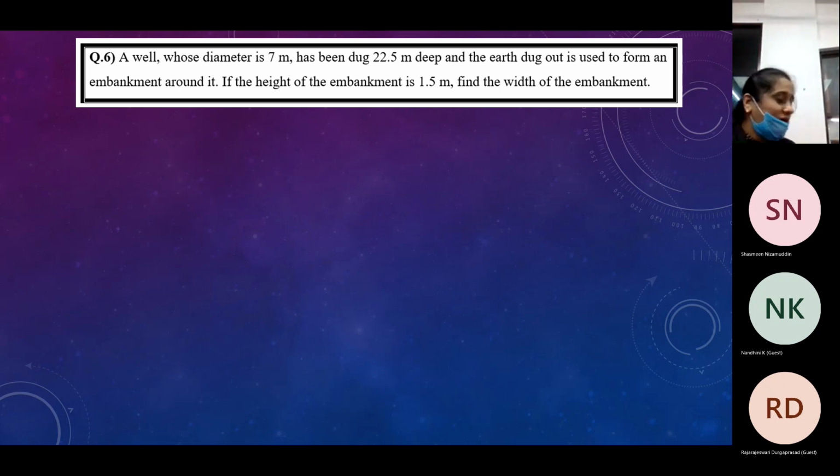So it looks like that sellotape. Something like this is how the wall will be. The wall around the mouth of the well will be something like this. Correct? This is the wall. This is the well.